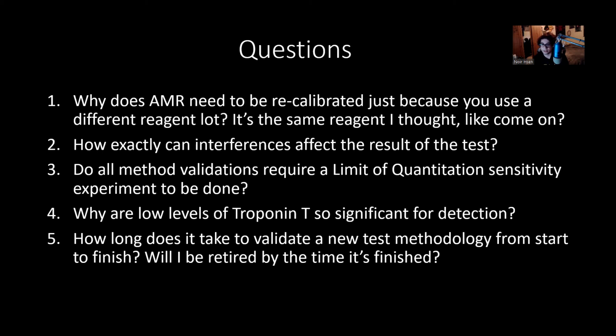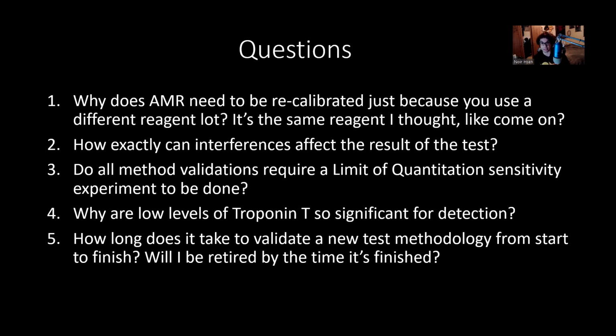Do all method validations require a limit of quantitation sensitivity experiment to be done? Well, limit of quantitation doesn't always have to be done depending on what your analyte is. For troponin T, it needs to be done. And the reason being is for troponin T, the really low values, like if you have a 0.03 troponin T level, that's an indication of possible myocardial damage.